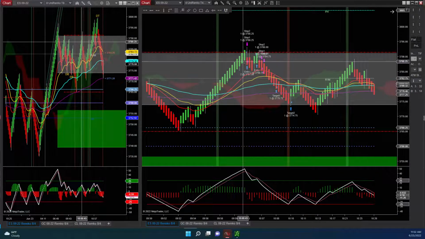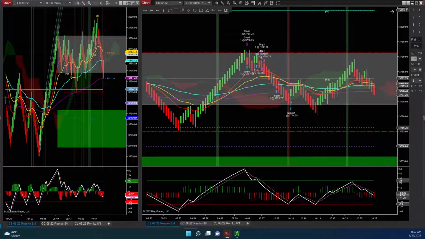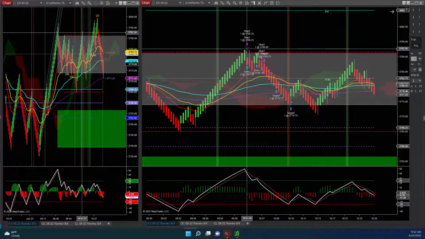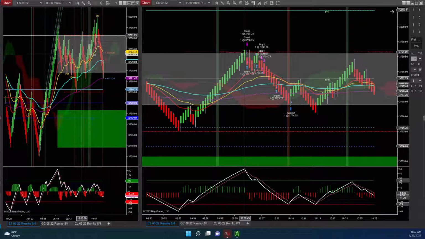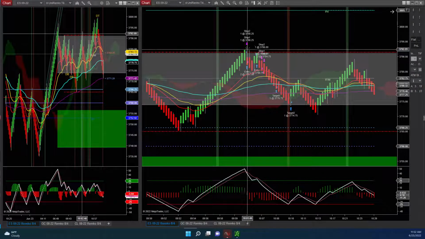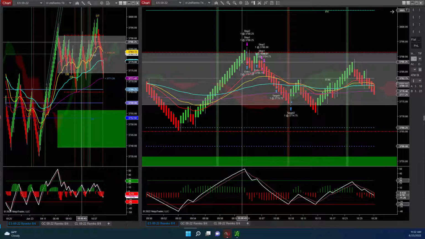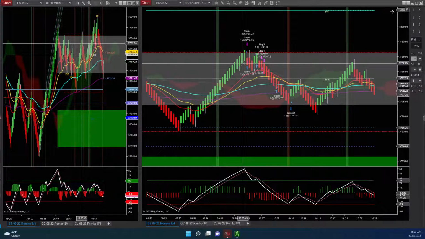I was stopped out in this one, and the first stop was 13 ticks per contract, so it's $325 between the two of them, or 162.50 per contract. That is this entry right here, thinking that it was going to break out. It did one tick, then it came back, and I just sold it right there. So, $325 loss in the first trade.